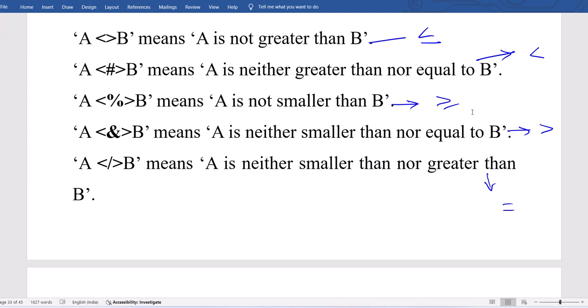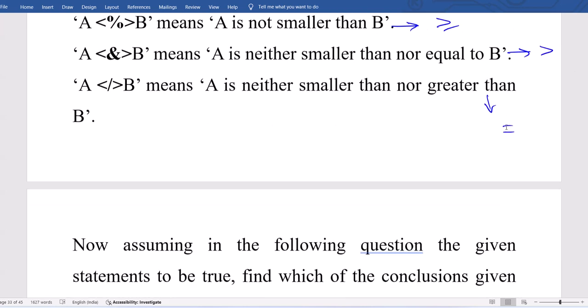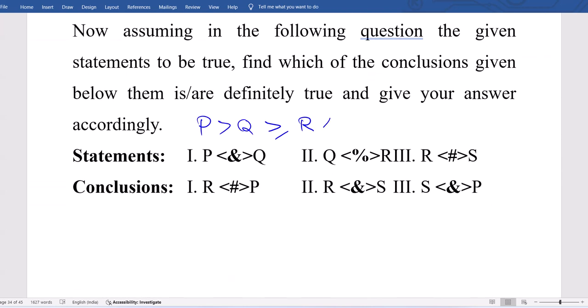Percentage is either greater than or equal, and is greater, hash is less than. Okay, this is the statement. Conclusion first one, R less than P. Conclusion second one, R greater than S. Conclusion third one, S greater than P.